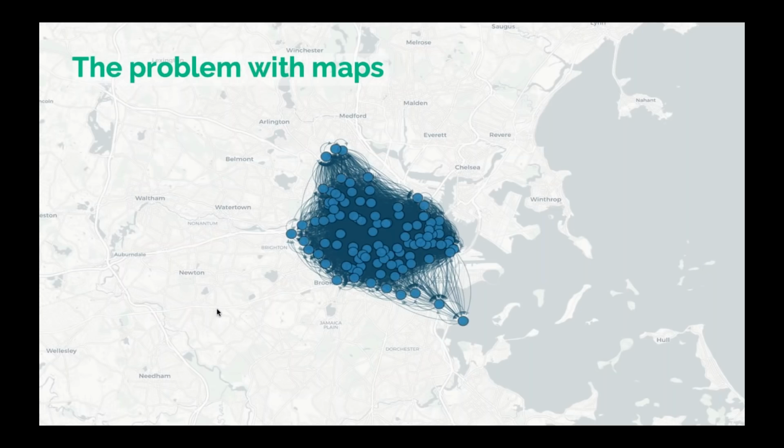Here's a picture which really shows the challenge pretty well. I call this picture the Boston hairball. And one of the great things about the Boston hairball is you can't even tell it's Boston because the whole of Boston is hidden completely behind the hairball, which makes it very difficult to even know where in the world you're looking at, even though there's a map. So this is one of the first problems you get with connected data: we've lost that layout.